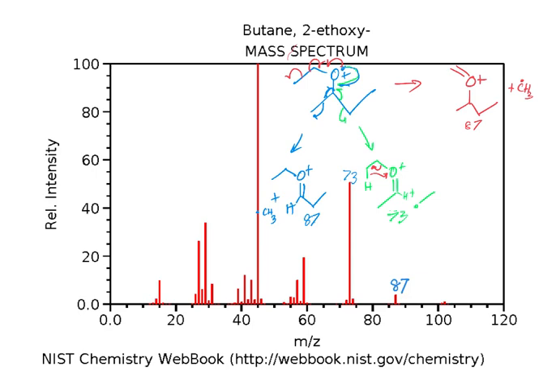And so that would give us an H here, and a plus like this. And this one is at 45. So that, in fact, is the base peak.